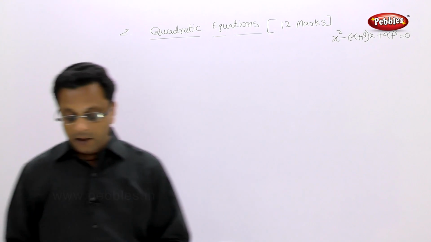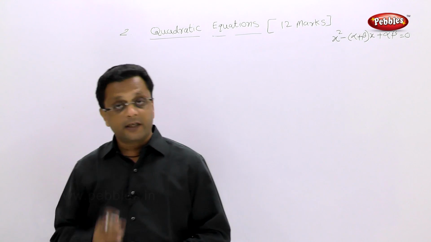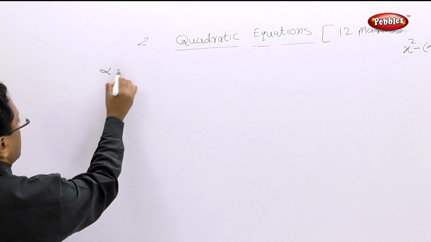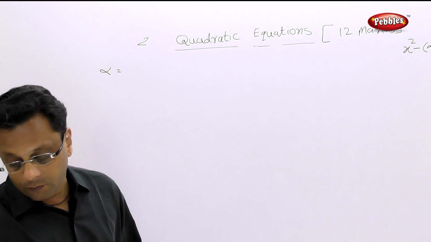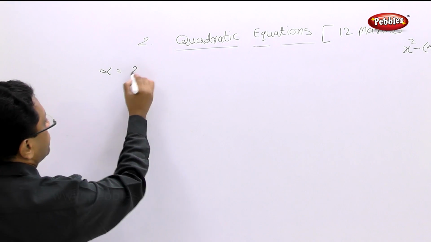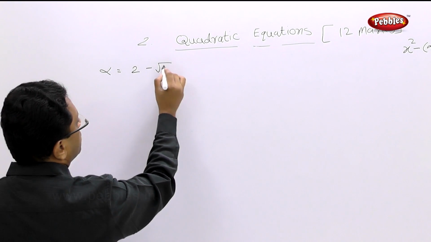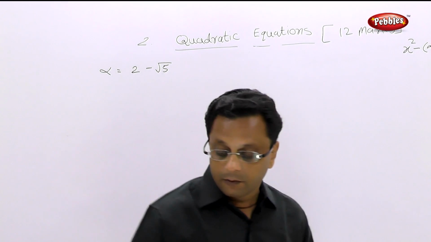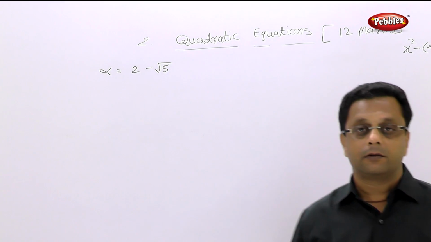Here it says that if one of the roots of a quadratic equation, that means alpha, is equal to 2 minus root 5, find a quadratic equation with rational coefficients.